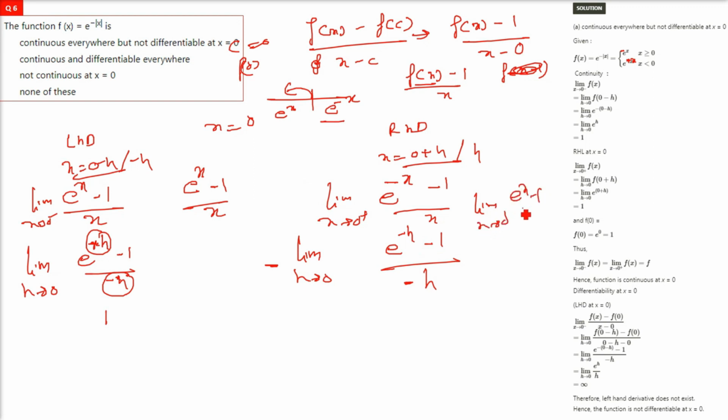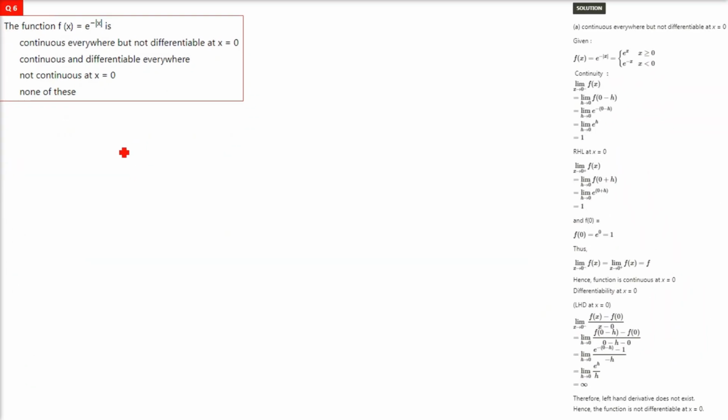Here you have e^x - 1. So we have introduced a negative, so now this becomes 1. But there is a negative also, so it will be -1. So you have 1 on the left, -1 on the right. So left hand derivative and right hand derivative, what did we get? One is coming as 1, one is coming as -1. So they are not matching.